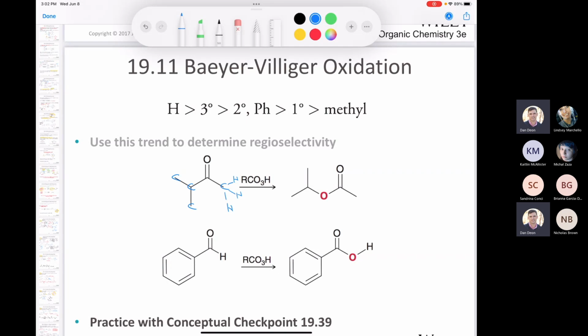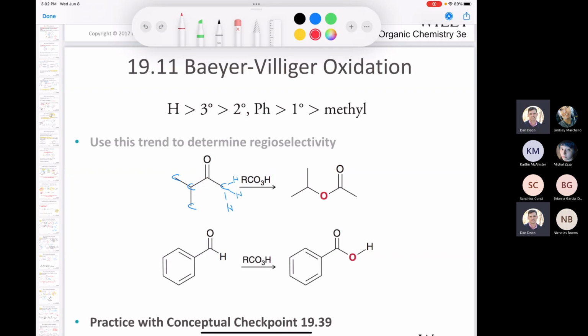So I have a methyl group versus this secondary carbon. So which one's going to migrate first? Well, it's definitely not going to be the methyl, and that's why the oxygen is going to insert on this side, and we end up with this ester over here.